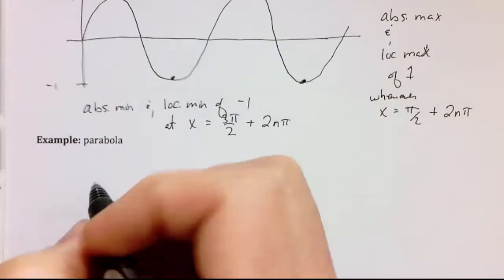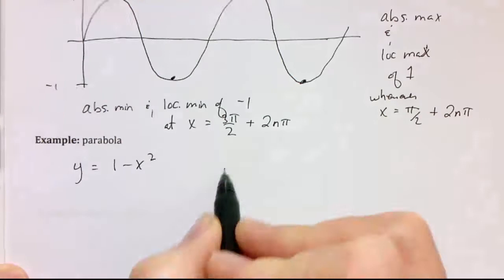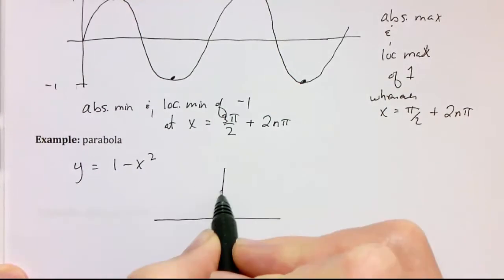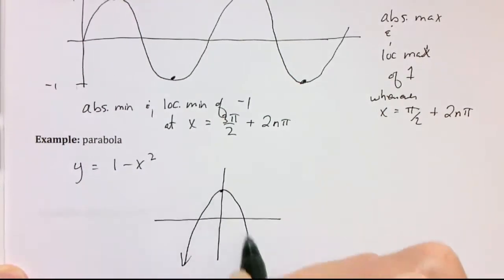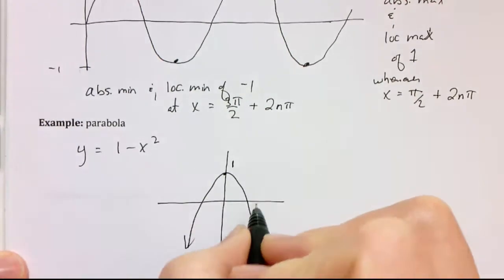Let's look at a parabola here. Let's say y equals 1 minus x squared. That looks like this. Opens downward, has a y-intercept at 1.